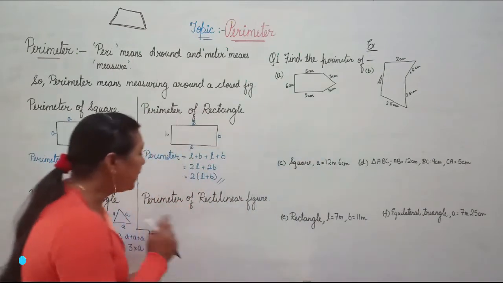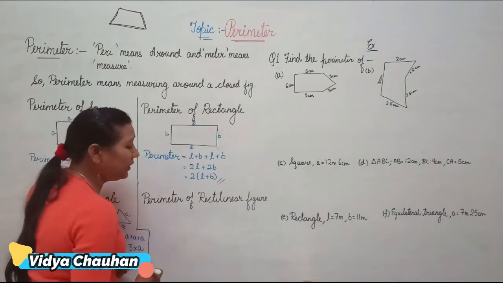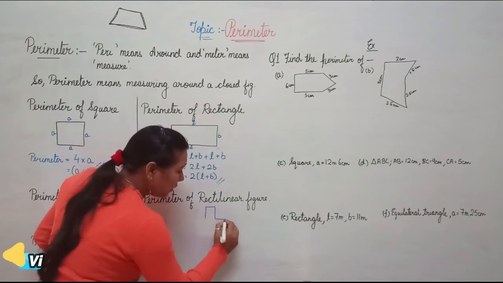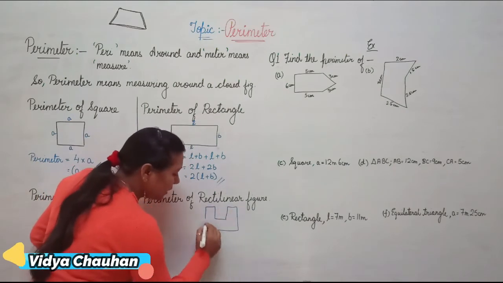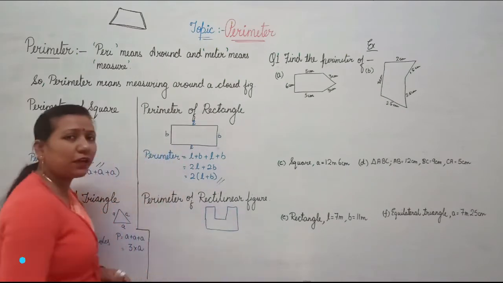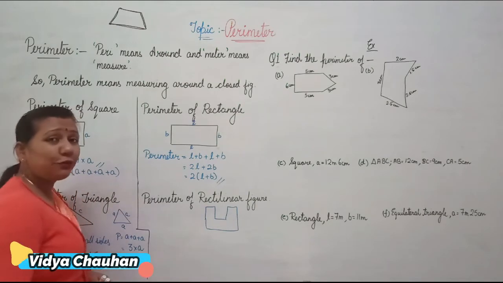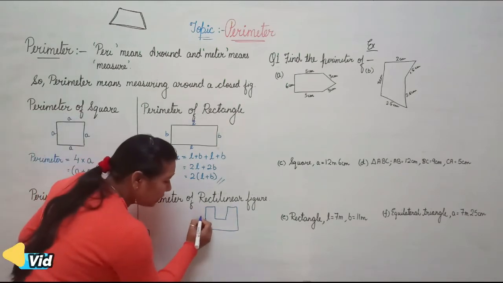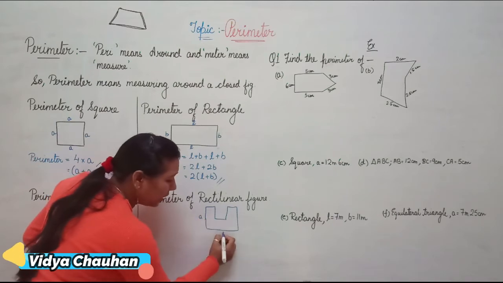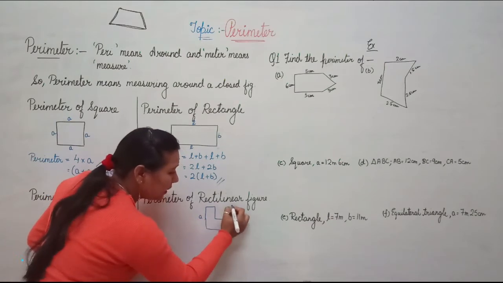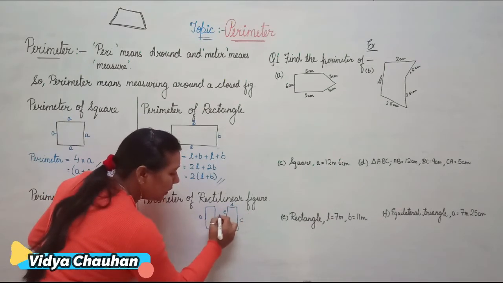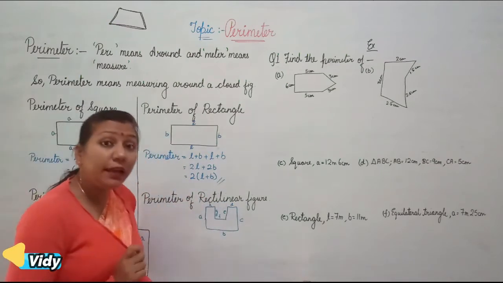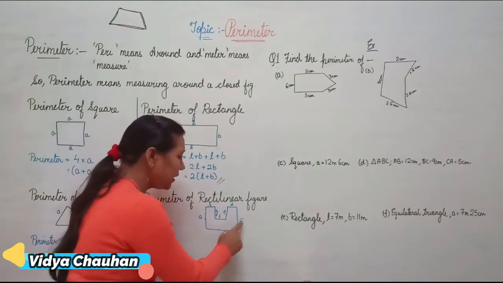Okay students, so if there is any rectilinear figure, suppose this is our figure and you have to find its perimeter. If this side is of length A, this is B, C, D, E, F, G and H, so these are the lengths of the different sides.